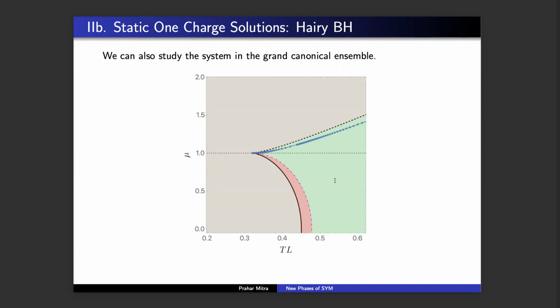In the grand canonical ensemble, the hairy solutions are never dominant. They're always subdominant, so they're not showing up in this phase diagram. The green region is always the bald black hole solutions. But what happens here in that bald black hole limit is that this is thermal AdS, and this is the bald black hole phase, and this black dotted line denotes this 0th order phase transition.